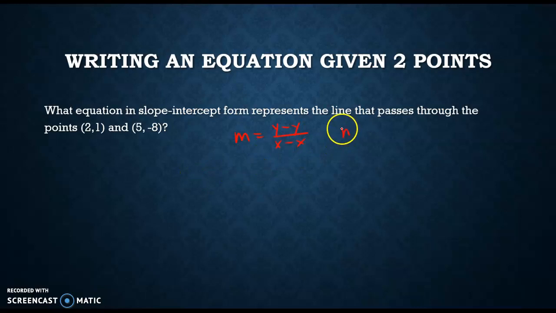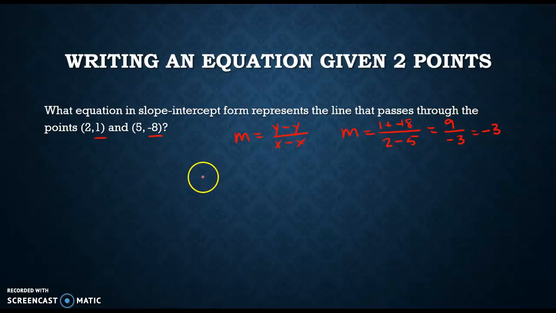And so we're going to start with finding m, doing 1 minus -8, y minus y, over x minus x, 2 minus 5. Now, 2 had to come first because I pulled the 1 first. All right, so 1 minus a -8 becomes 1 plus 8, so that's 9. And 2 minus 5 is -3. So we have 9 divided by -3, which is -3.